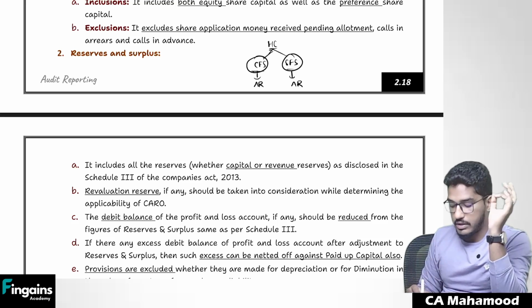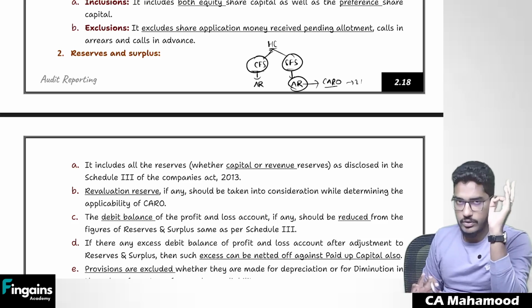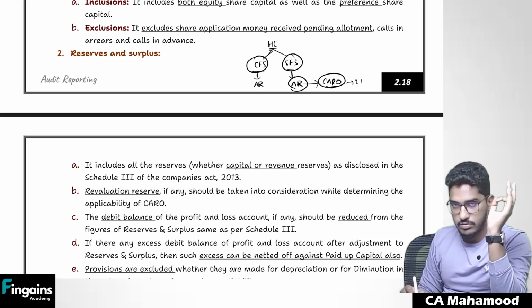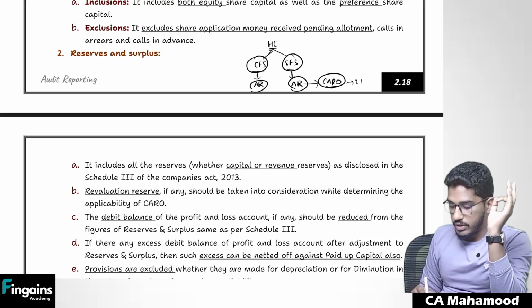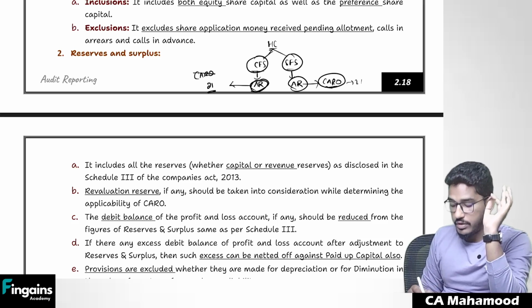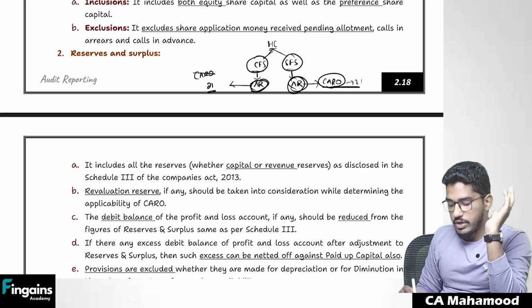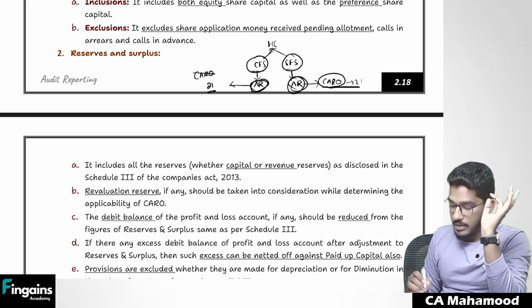But in the CARO, what they have told us is that in the audit report of standalone financial statements, all the 21 matters are required to be reported. All matters should be there in the CARO. However, in the case of the audit report of consolidated financial statements, generally CARO is exempted. Only clause number 21 is required to be reported in the audit of consolidated financial statements.